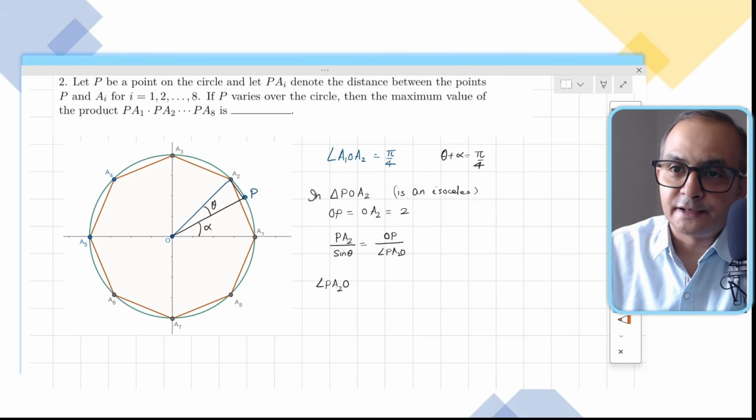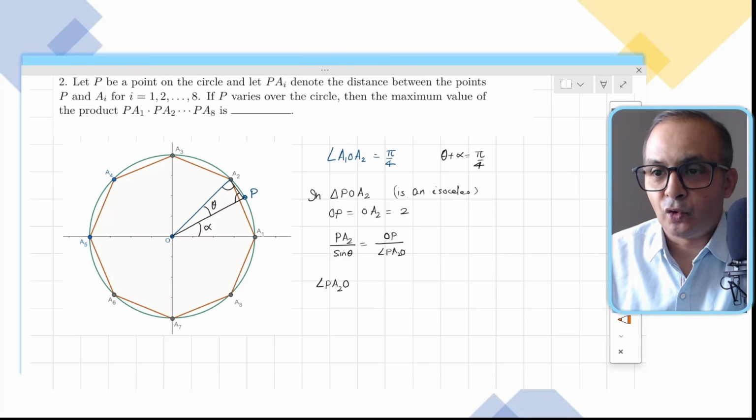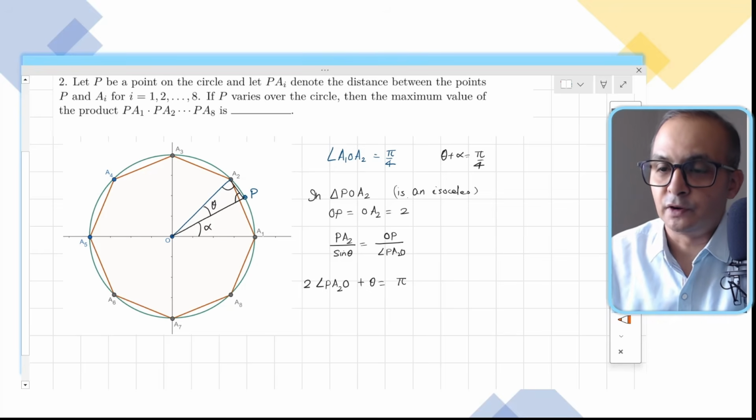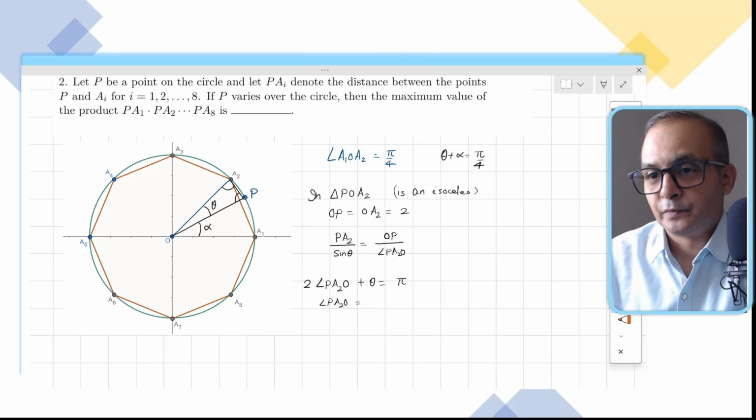In this triangle, this angle I'm talking about and this angle are both equal. So twice angle PA2O plus theta is 180 degrees, or pi, because I'm working in pi by 4 and so on. So angle PA2O is pi minus theta over 2, that is pi by 2 minus theta over 2.